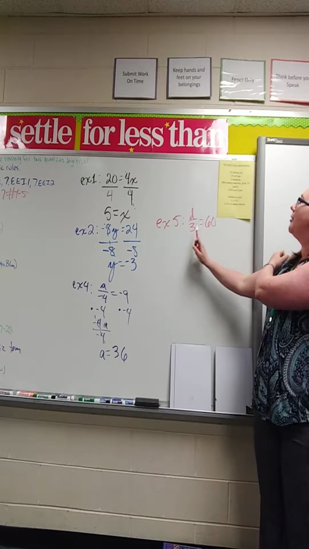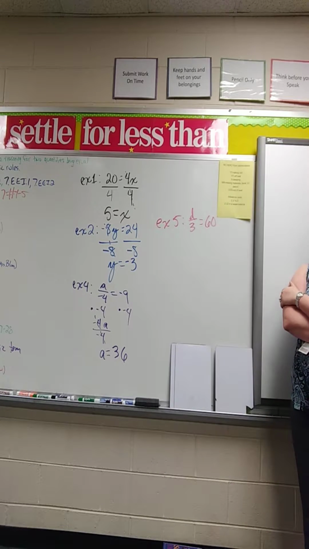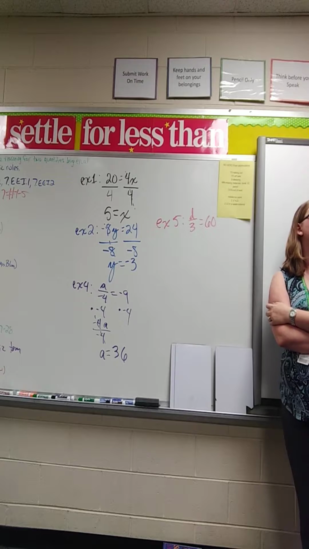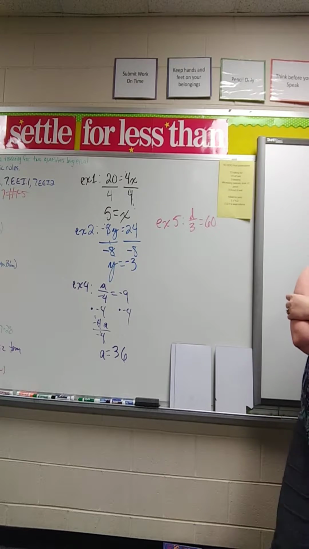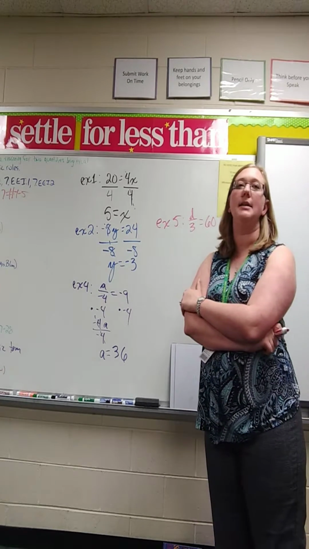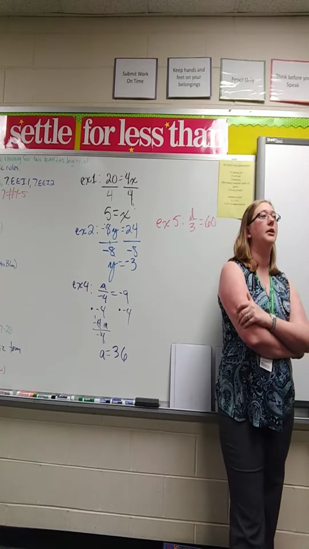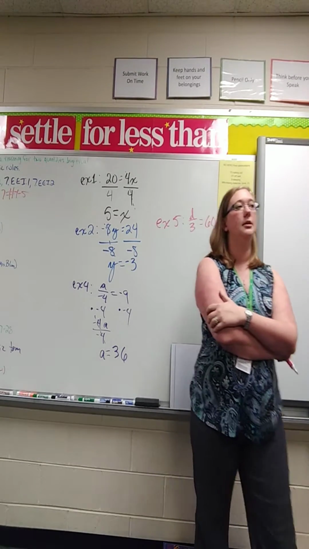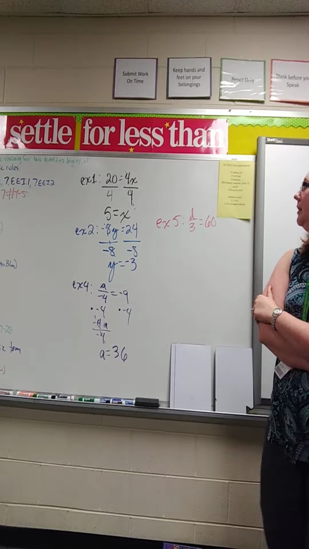So, how do I solve D divided by 3 equals 60? I'm hearing some guesses. Can someone raise a hand and confidently tell me what they think? Yes, sir. 183 miles.